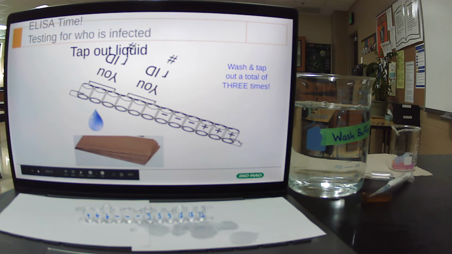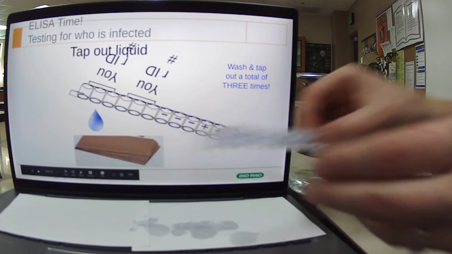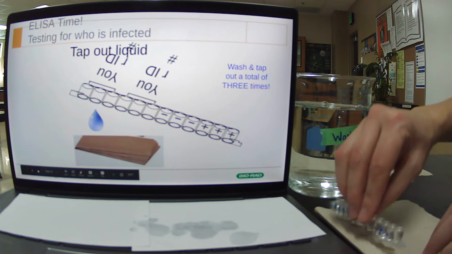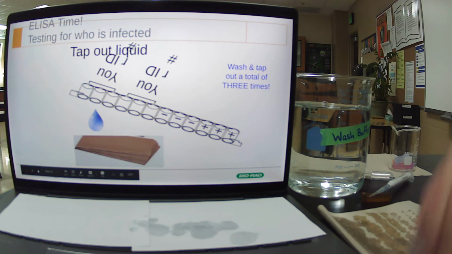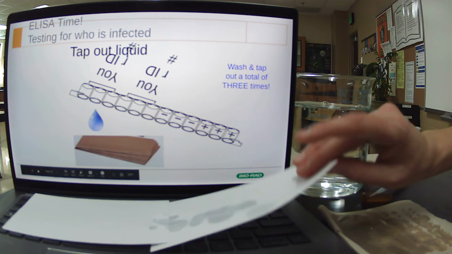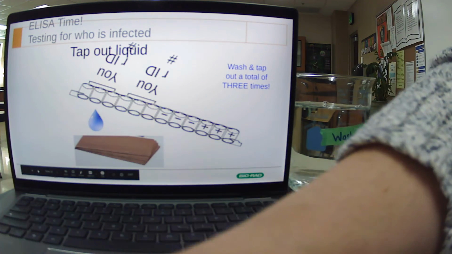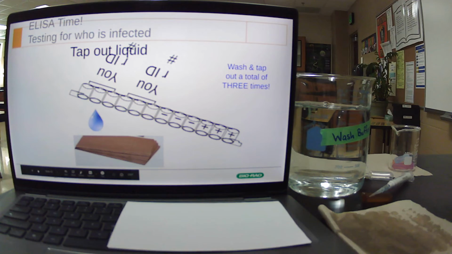All right, clean paper towel. And before we add this final substrate, I'm just going to swap these out so that my computer stays dry and so you can see a little better.